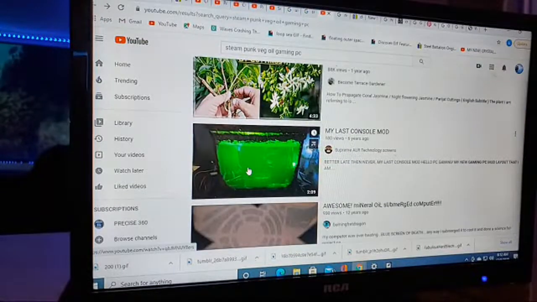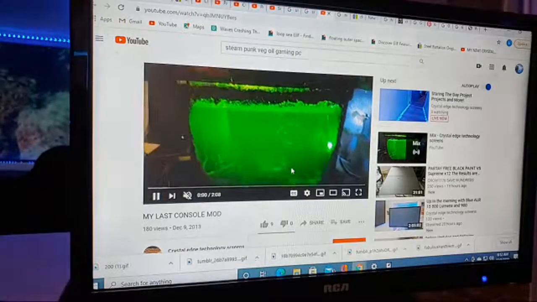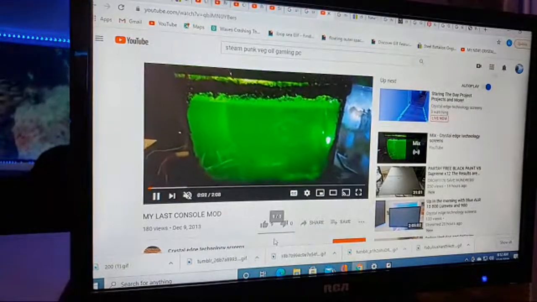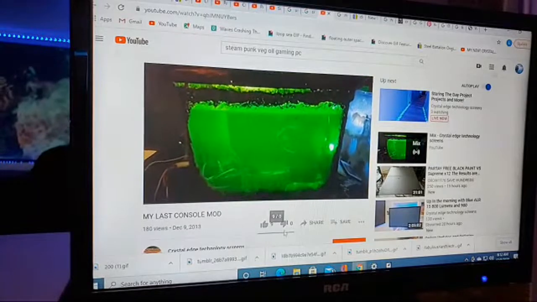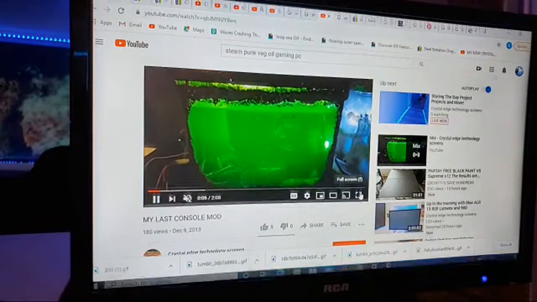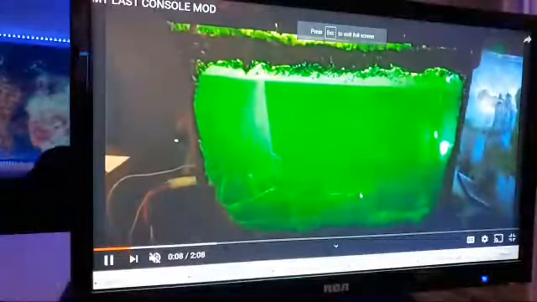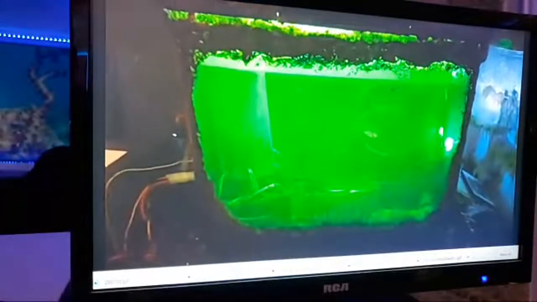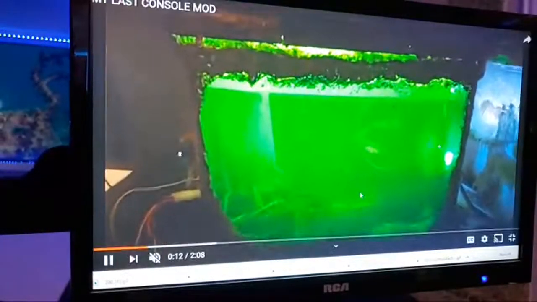Here we go. Check this out. Threw an Xbox 360 in vegetable oil to see what would happen. It ran too, with no problem. That's my last console mod.